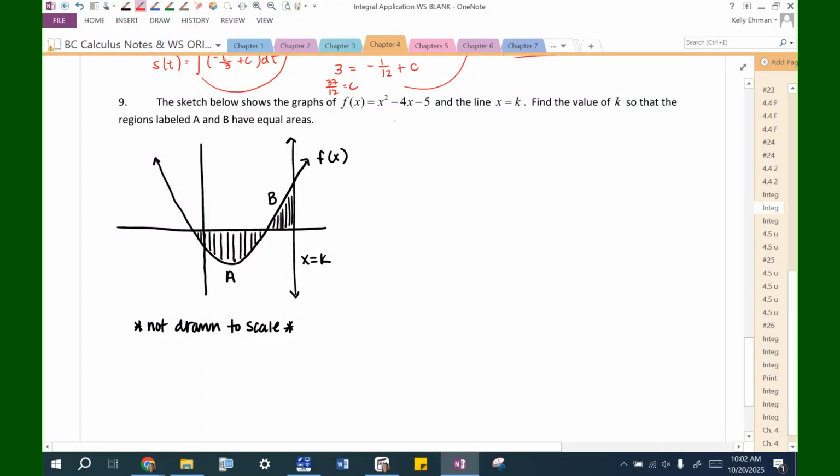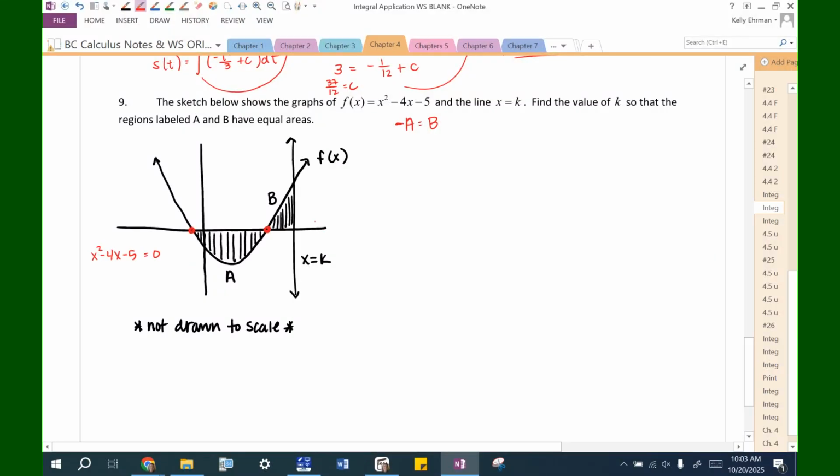So let's just start there. We want negative A to equal B, or A to equal negative B, whatever. What is the area of A? Well, I wasn't given bounds right here, but I can find them. Let's figure out, when is x squared minus 4x minus 5 equal to 0?